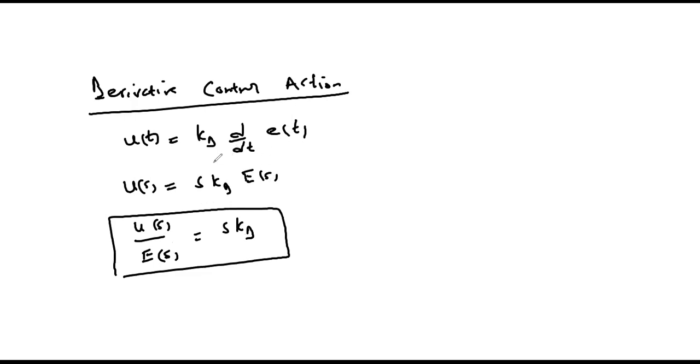It's good to note from the relationship between the control signal and the error signal that if the slope of e of t is large at the current time, the magnitude of u of t will increase. So if the derivative of e of t is large, then the control signal u of t will increase.